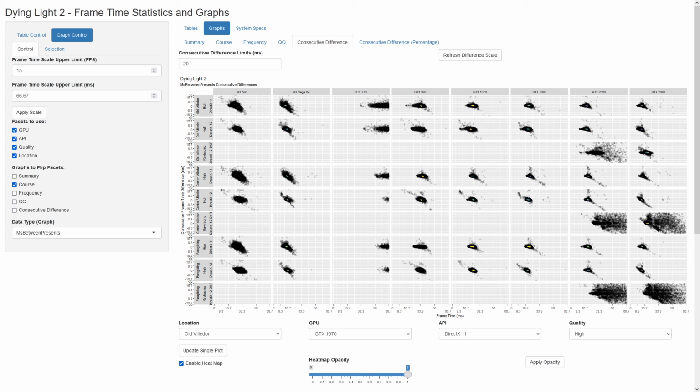Now imagine having your favorite tech tuber try to go through all these graphs, but for multiple games. I already have the multiple GPUs here, but multiple games. Even if we pretend that every location is its own game, or every location and the APIs as well, maybe not the ray tracing.